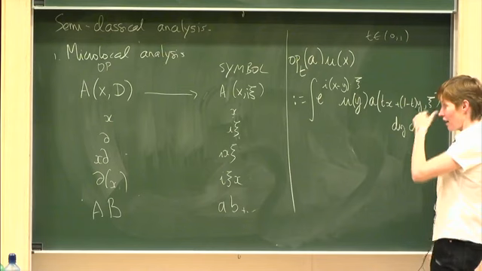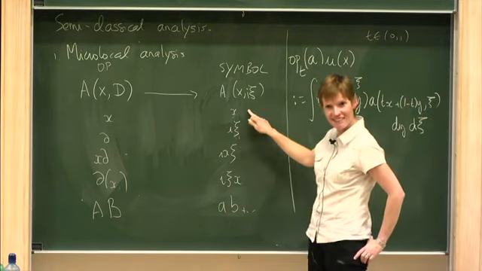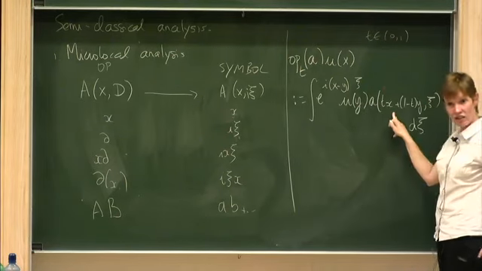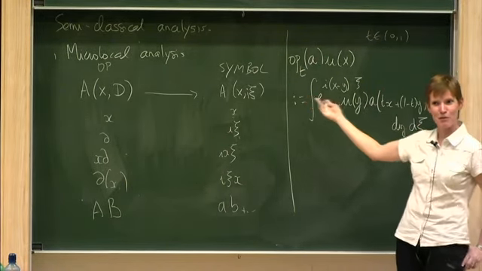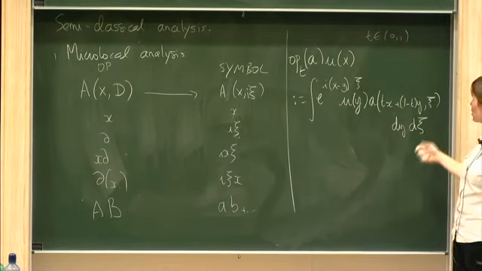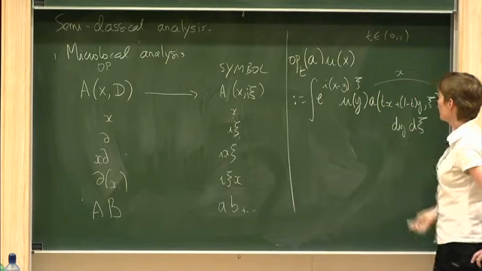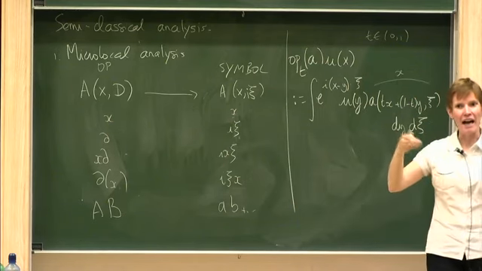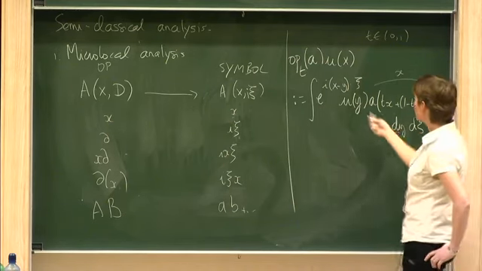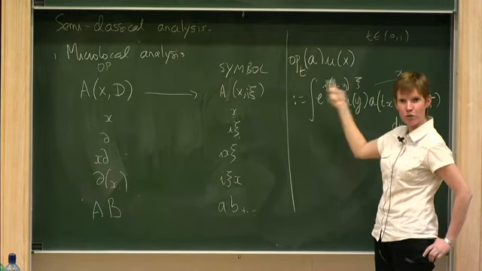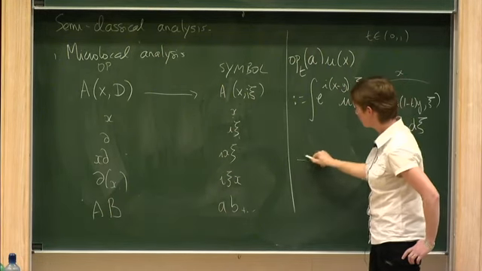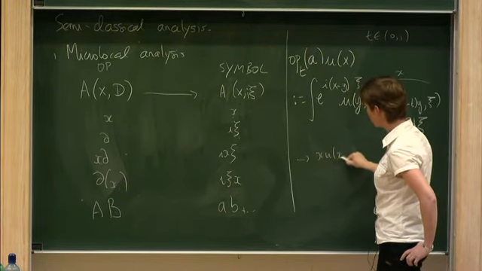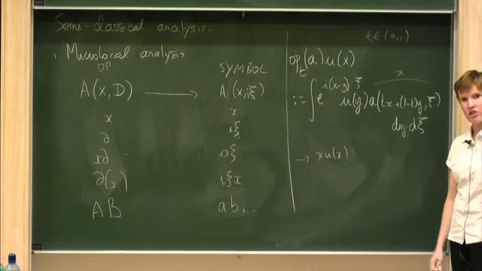So let's try. I'll try x. I stick x into this, and I want to find x at the outside, which is not totally obvious. But actually it is, because if this is x, you're just integrating e to the i(y minus x) psi. So you're just having a direct mass at y equal to x, and since this was x, you get x u of x, whatever the quantization.